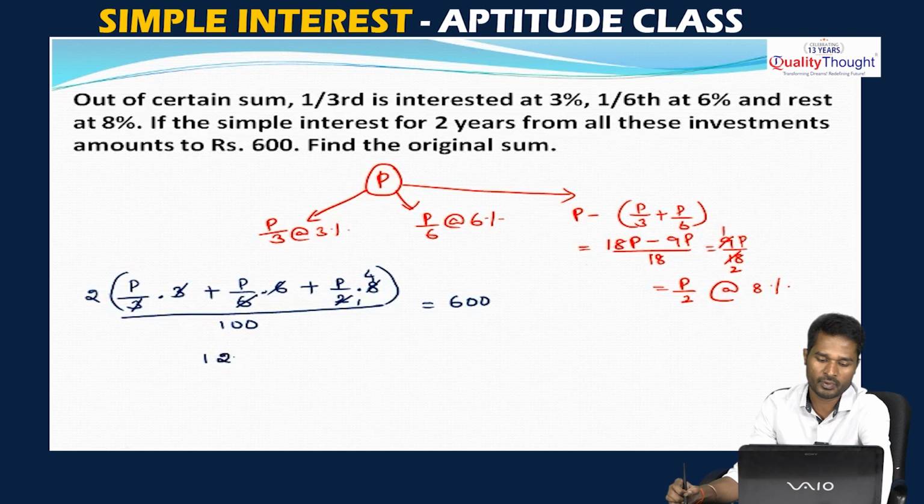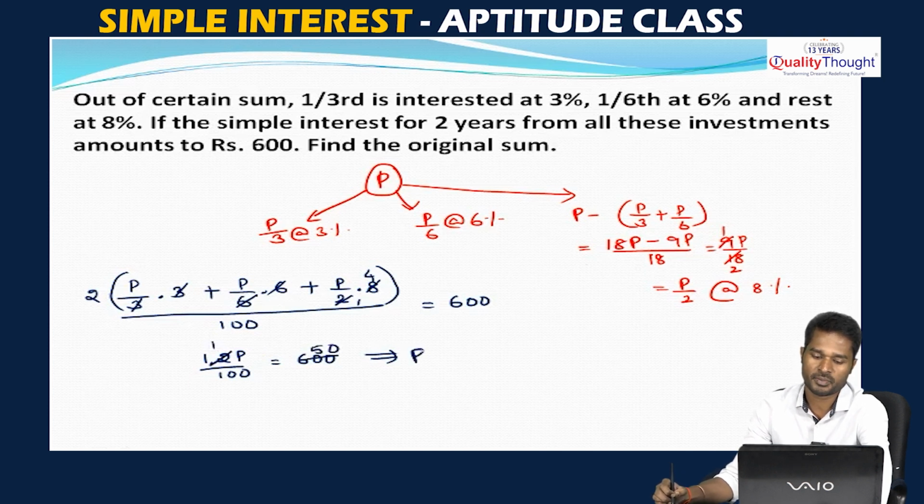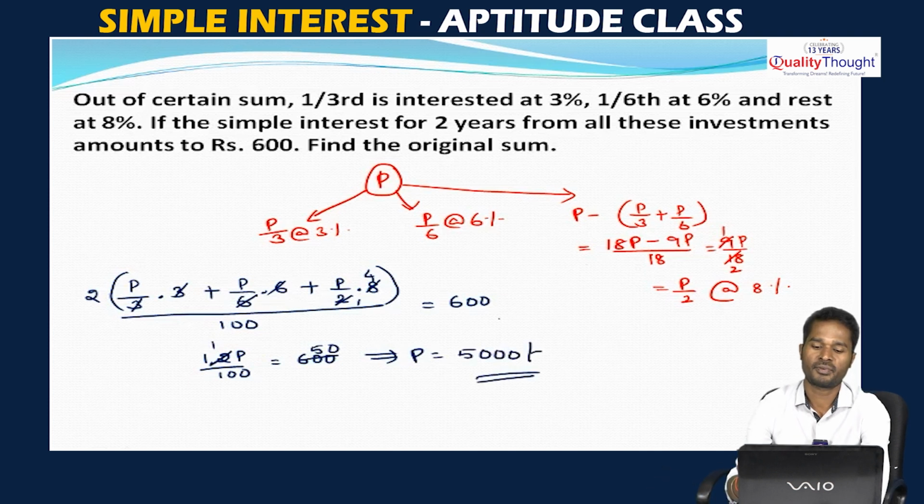So, that is 12P by 100 is equal to 600. We need to calculate the principal amount. So, 12 5s are 60, 0. So, go for the cross multiplication, P value is 50 into 100, that is 5000. So, this 5000 rupees is the answer, that is the principal amount.